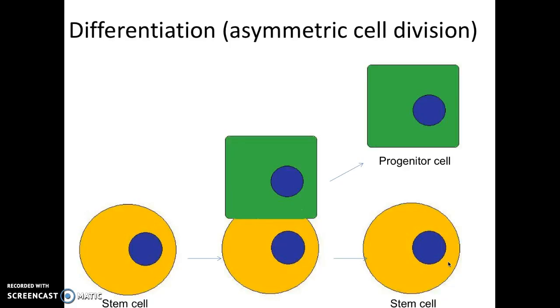The stem cell remains the same in one half of the mitotic phase, but the second daughter cell is what we call a progenitor cell, and we can actually take that and turn it into whatever we want. So we go through the process of cell division, but the second cell actually gets designated a job, okay? So it becomes what we call asymmetric cell division because this is now not a duplicate of the original.